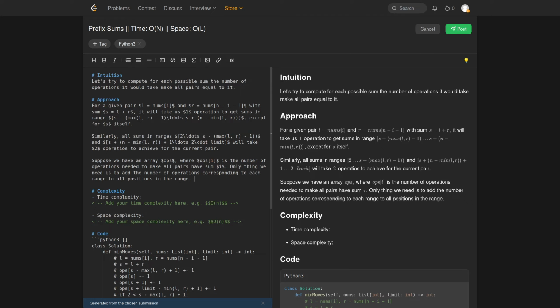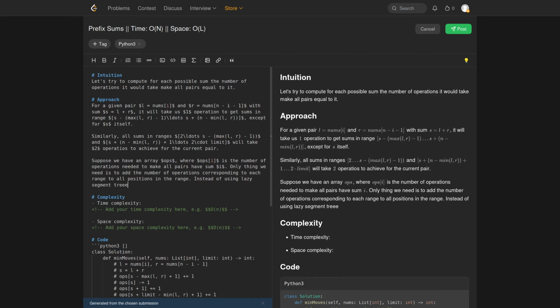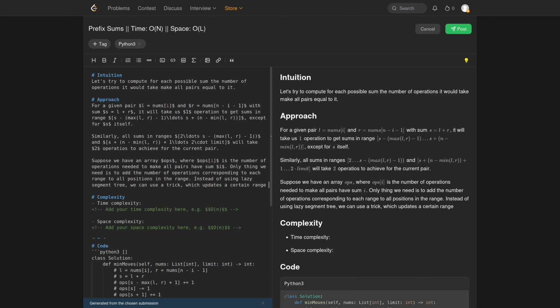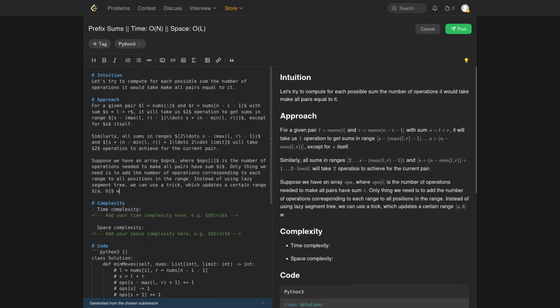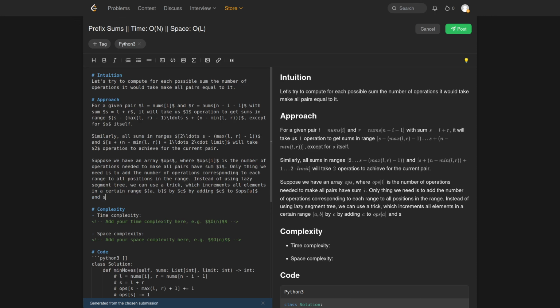Instead of using a lazy segment tree, we can use a trick which updates a certain range A to B with plus C by adding C to ops[A] and subtracting C from ops[B plus 1].